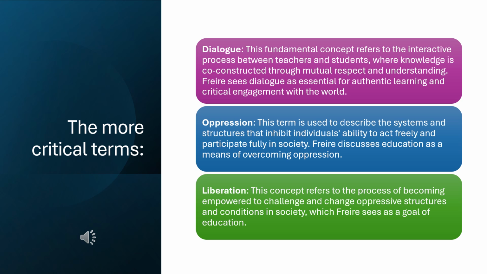So this term is used to describe the systems and structures that inhibit individuals' abilities to act freely and participate fully in society. So it's like when someone feels like they're a part of a racist society, it means they're essentially oppressed in that society, because they can't function freely. They can't do as people of privilege can do.